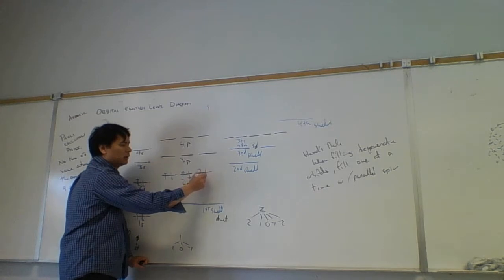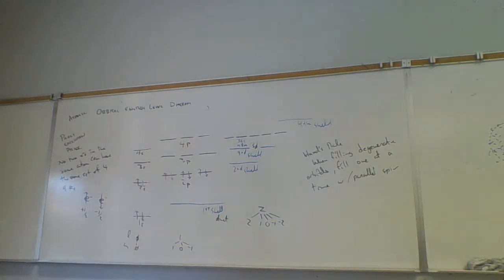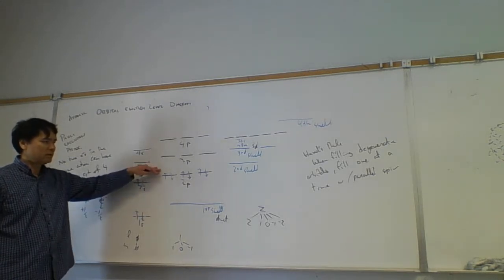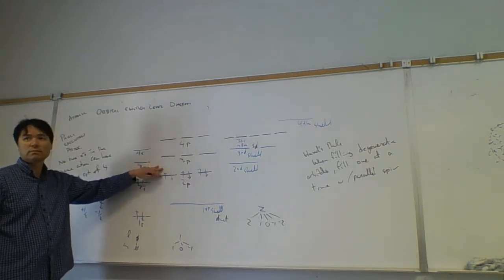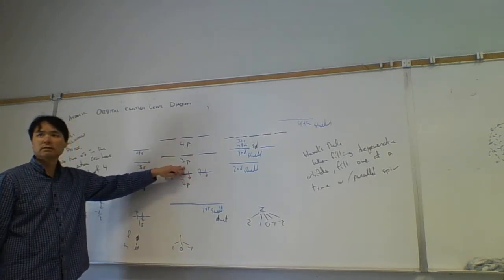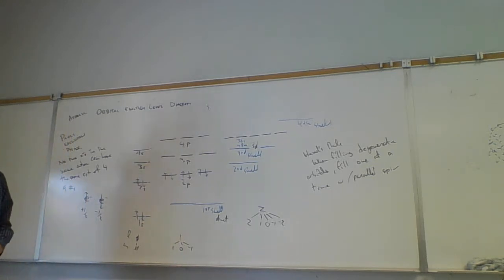And then we go to neon. Neon is special because neon has a filled second shell. Helium, which is very stable, has a filled first shell. Neon, which is very stable, has a filled second shell. And so neon doesn't want to lose, nor does it want to gain.